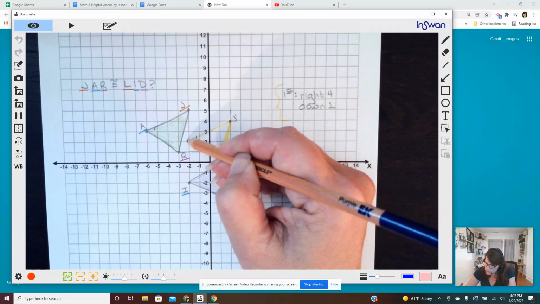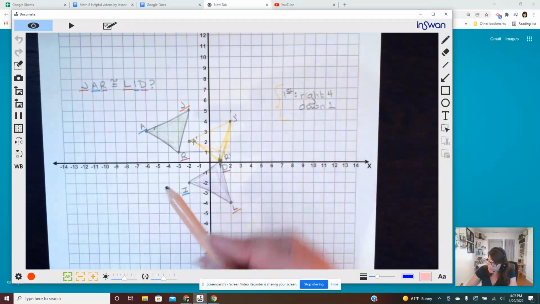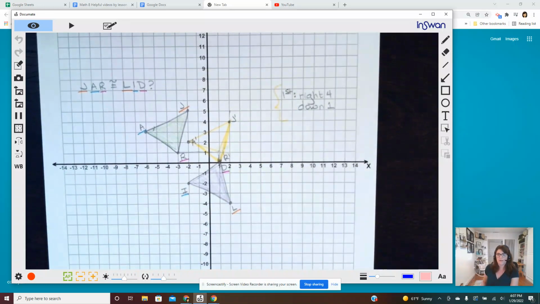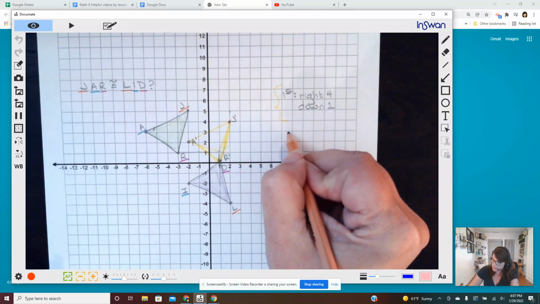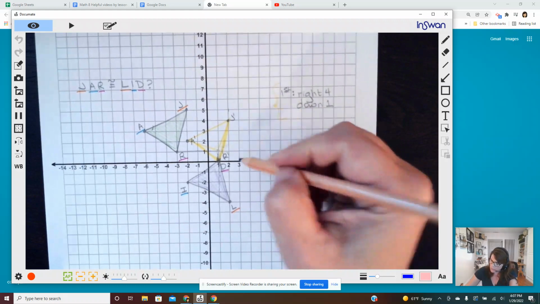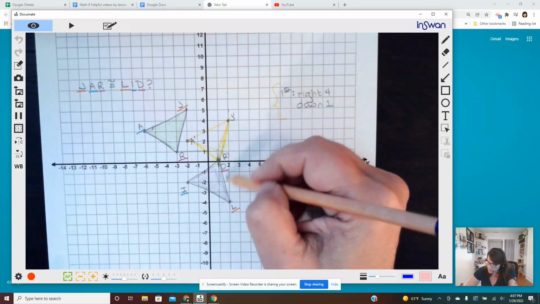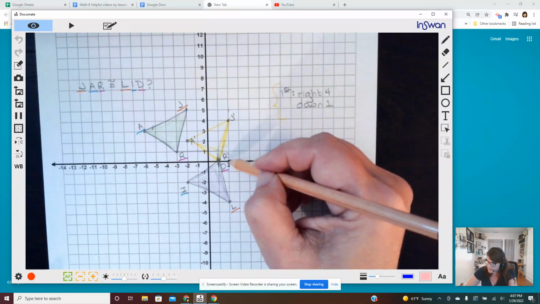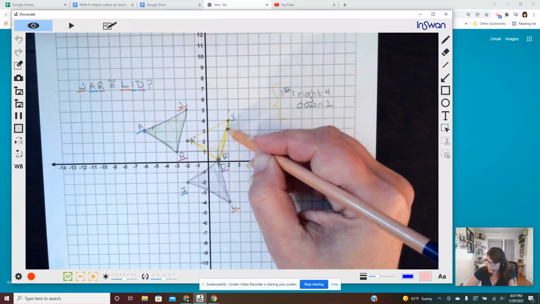Well, let's take a look. A is 1, 2 spaces off the x-axis, and I is 1, 2 spaces off the x-axis. Oh. L is 1, 2, 3, 4 spaces off the x-axis.